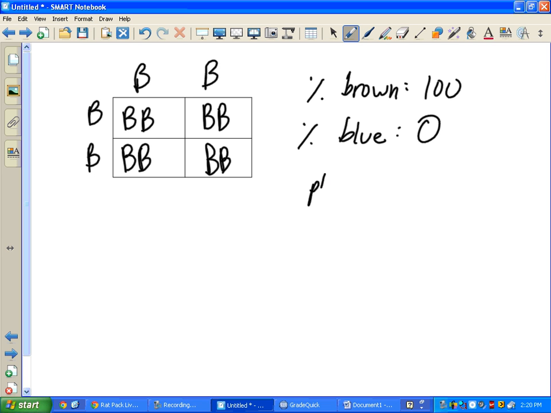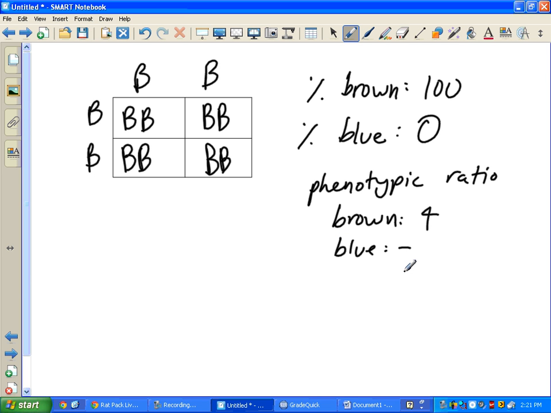Right? Now if I want to do a phenotypic ratio, since we're on phenotypes. Okay, remember we list all the phenotypes we have. So all we have here is brown. And I have 4 of them. And I don't have any blue, so I just put a line, like NA. Alright? Now, this is a weird thing about ratios that end up being just all the same.